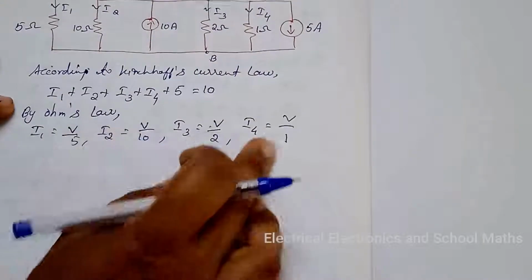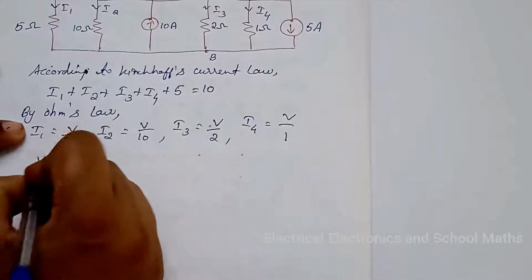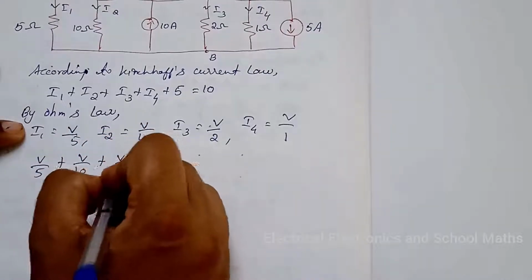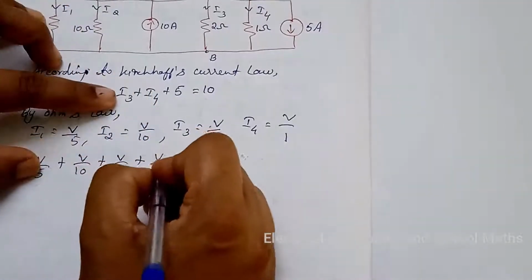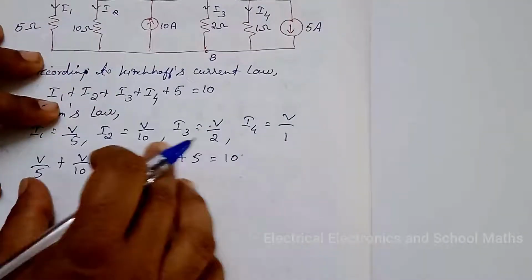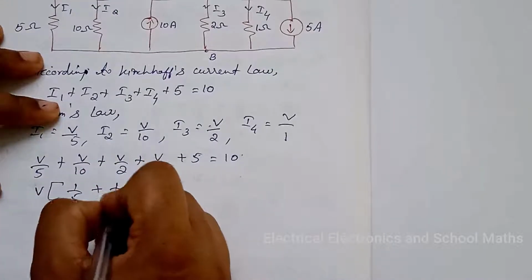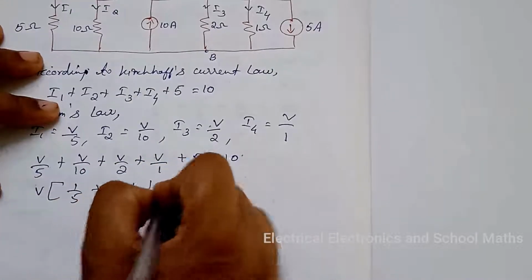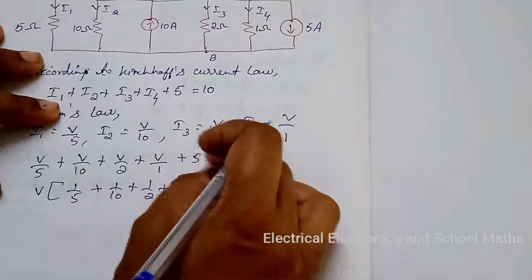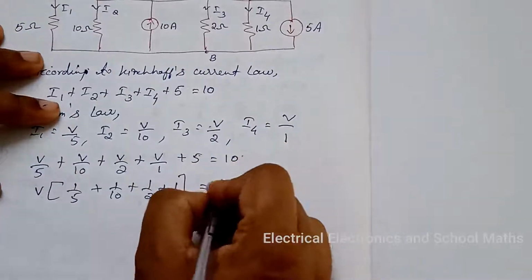Now substituting this in the equation, we get V by 5 plus V by 10 plus V by 2 plus V by 1 plus 5 equal to 10, and taking V outside, 1 by 5 plus 1 by 10 plus 1 by 2 plus 1, and bringing this 5 to the other side, we get 10 minus 5 equal to 5.